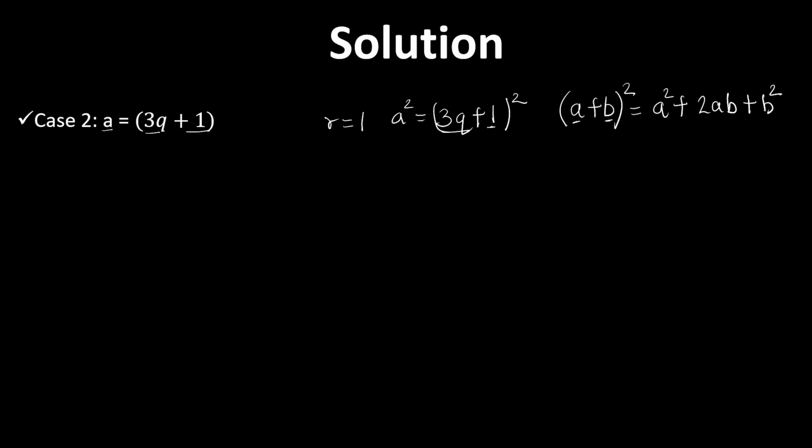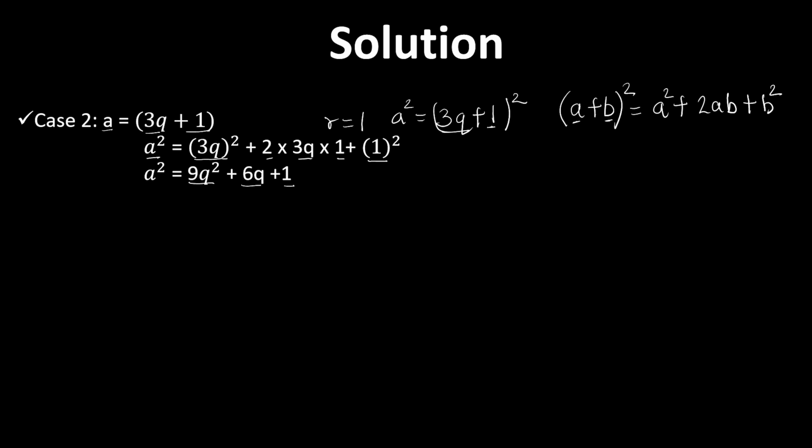So we will substitute this in the expansion and we will obtain a square equals 3q whole square plus 2 into 3q into 1 plus 1 whole square. Let's simplify this. So we are going to get 3q whole square as 9q square plus 2 into 3q into 1 will give us 6q plus 1 whole square will give us 1 itself.